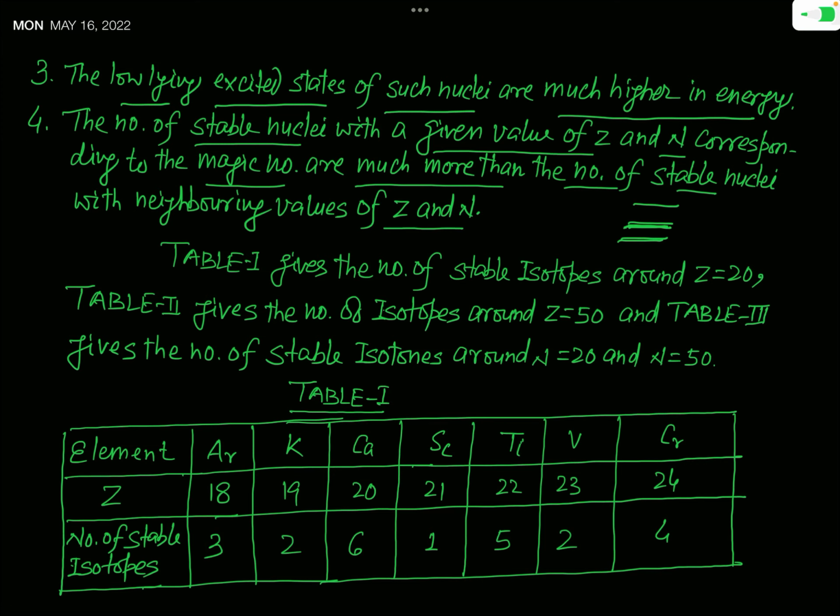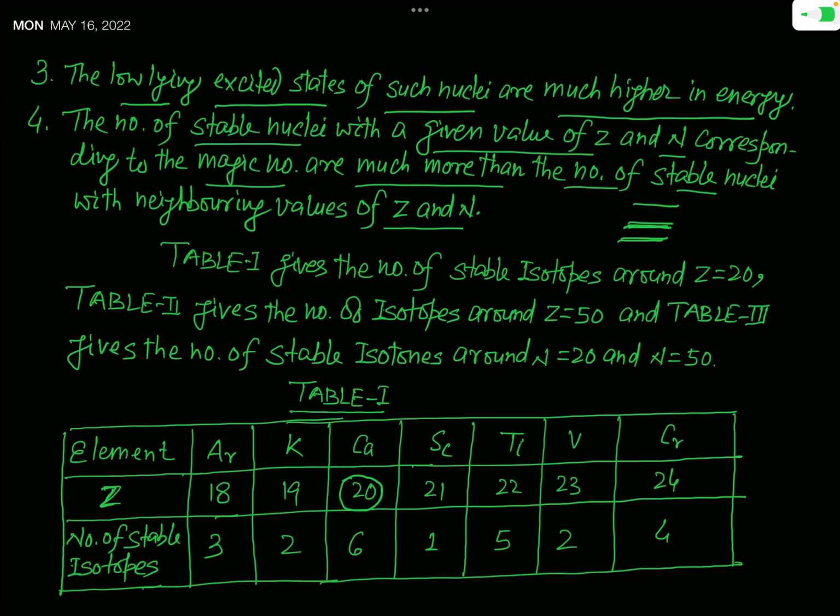In the first table, I have shown the number of isotopes around the magic nucleus having magic number 20. You can see this 20 is the magic number, and calcium is the element whose nucleus is a magic nucleus because it contains a magic number of nucleons, here the number of protons.